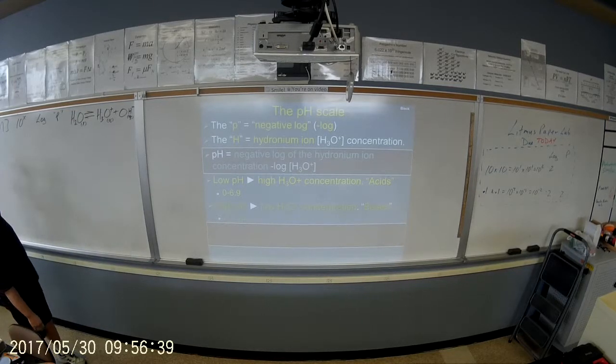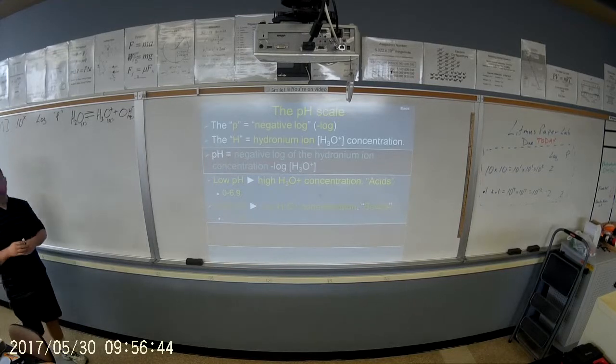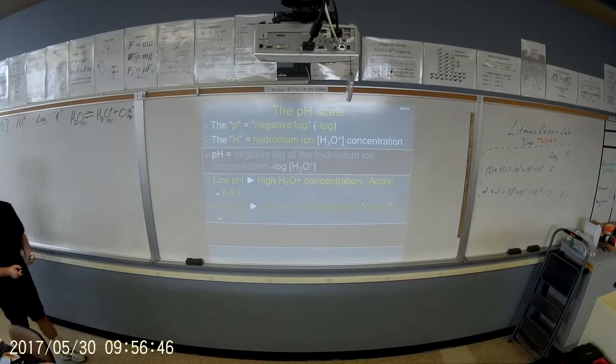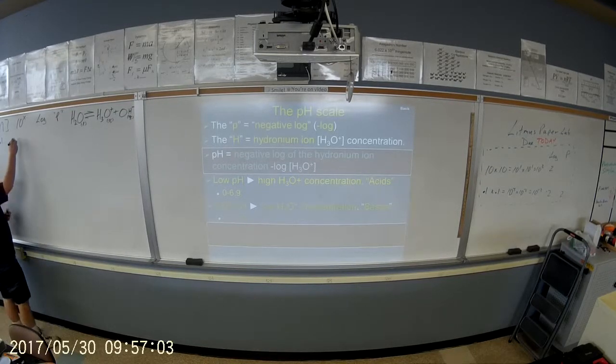So I have a table up here: molarity, 10 to the negative x, logarithm, P. If I had a solution that had a concentration of 0.1, 0.1 is equivalent to 10 to the what power? Okay, good. I'm glad we're reviewing logarithms. 0.1 is 10 to the negative 1 power.